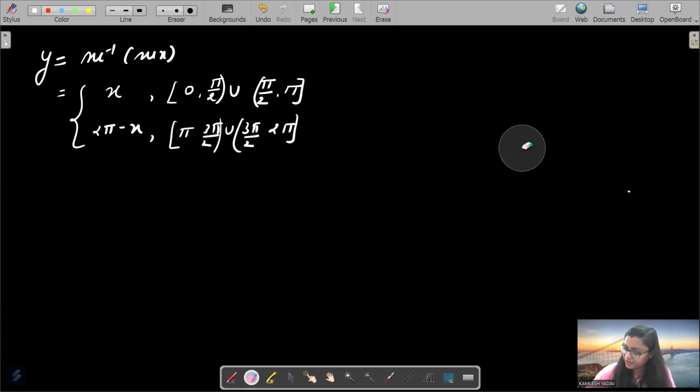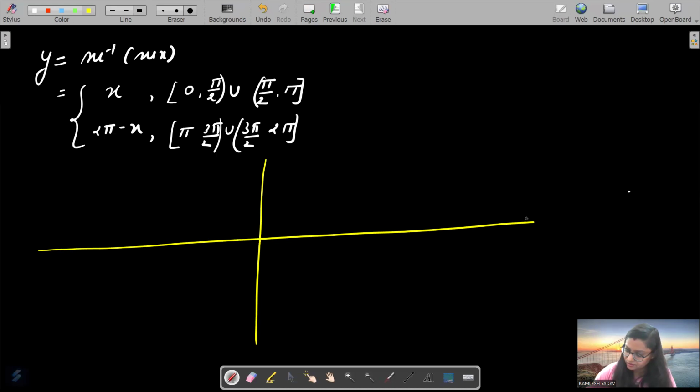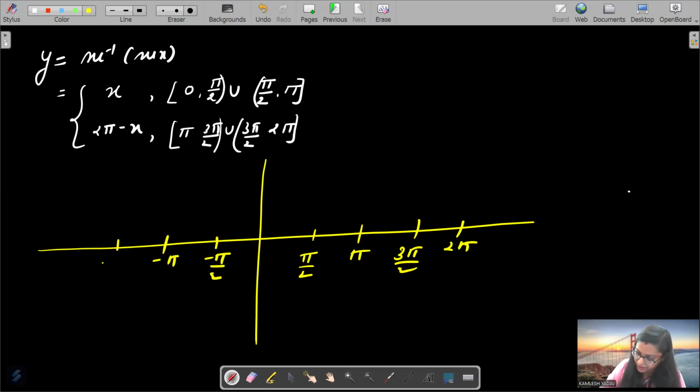Actually, it is clear in our graph. See, first I draw the graph, then I explain. Three pi by 2, 2 pi, minus pi by 2, minus pi, minus 3 pi by 2, and minus 2 pi. Okay.